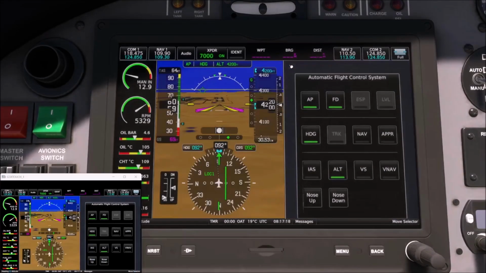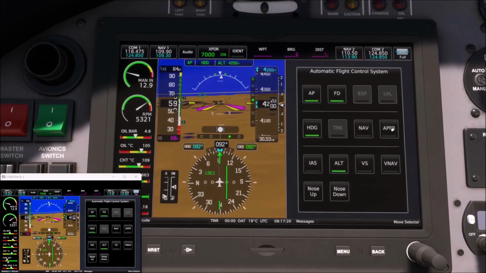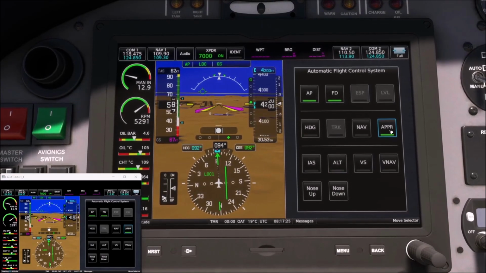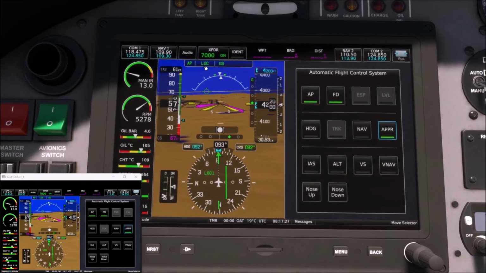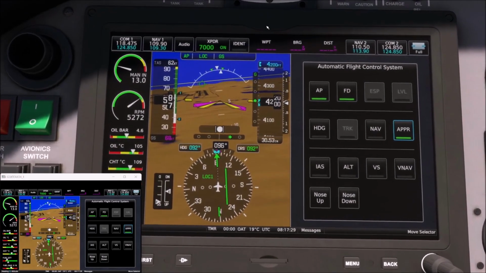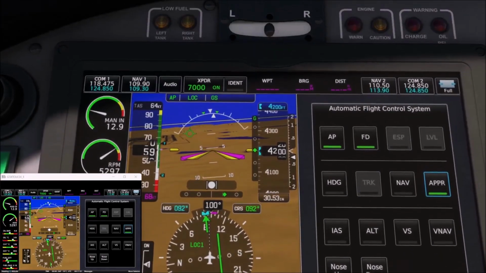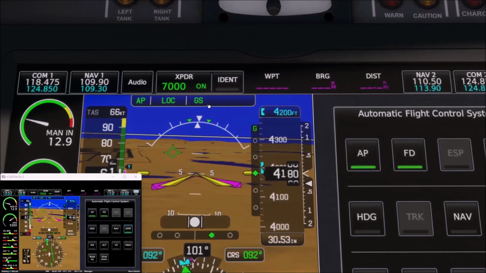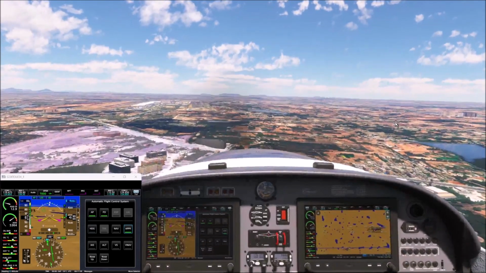I hope my cursor is visible. And right at this moment I activate approach. Exactly, you see GS and lock here. Please pay attention. We see green lock and green GS. This means that we have an ILS landing.